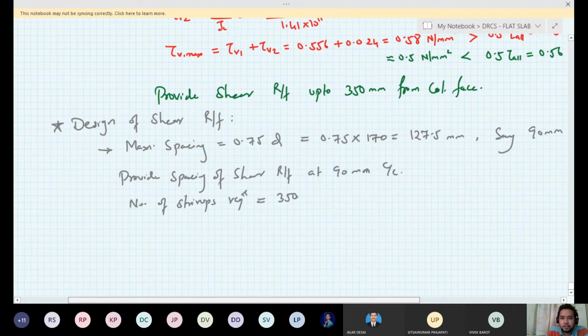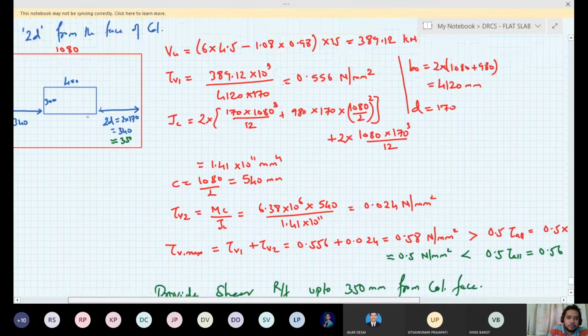So 350 divided by 90 plus 1, that is the first initial stirrup. So it will be 4.9 something. So let us say 5 stirrups we require. So we have to provide 5 stirrups from the face of the column at a spacing of 90 mm.